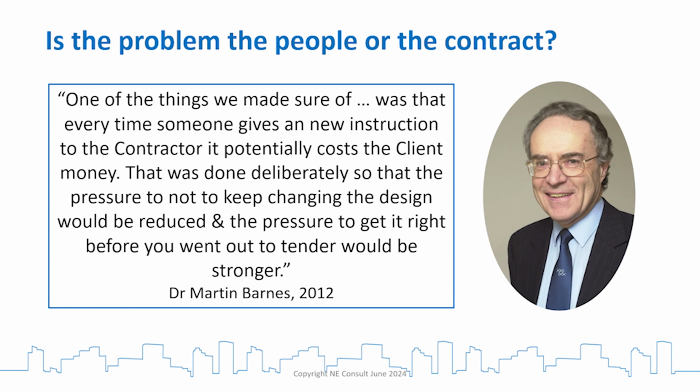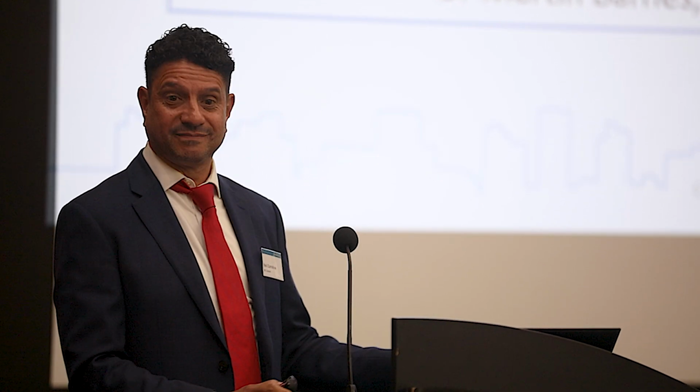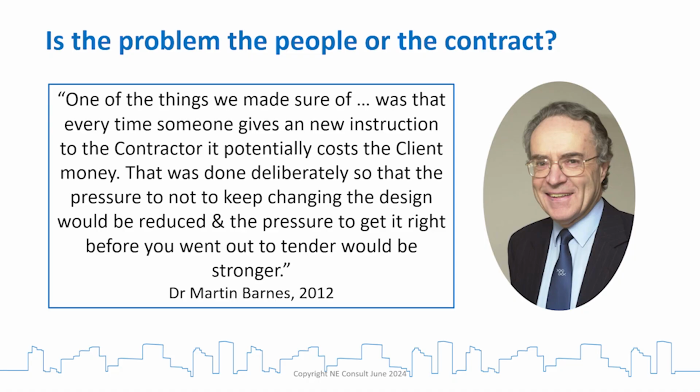How do you end up with 900 instructions to change the scope? He talked about the scope being rubbish, the design being incomplete, and the whole basis of NEC was don't do that. Don't go out to tender until you've done it. When you know what you want, go out to tender. When you've got 900 instructions, was the design actually finished at that stage?